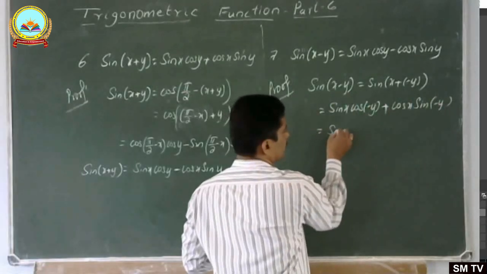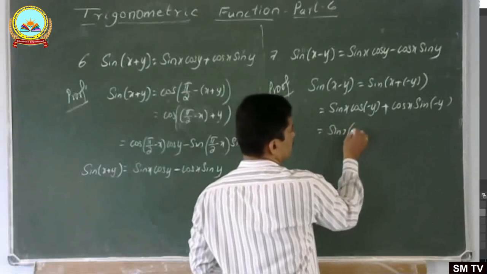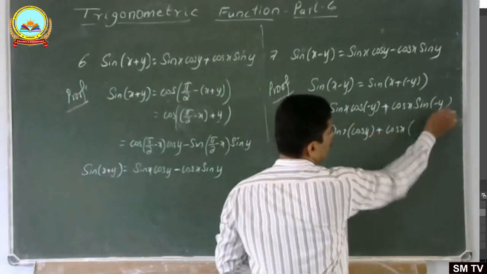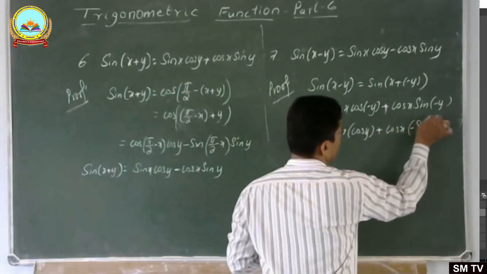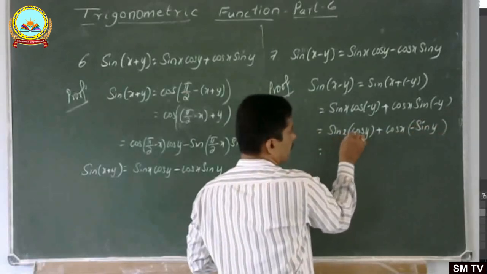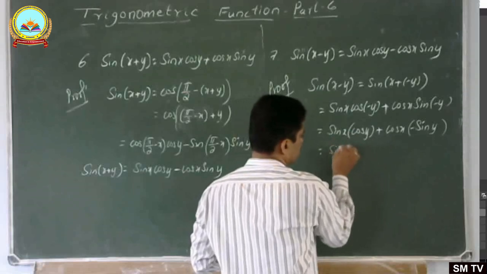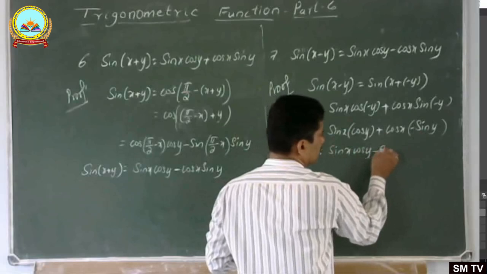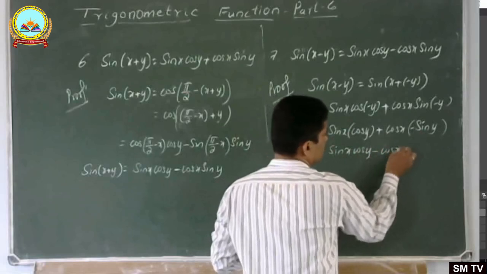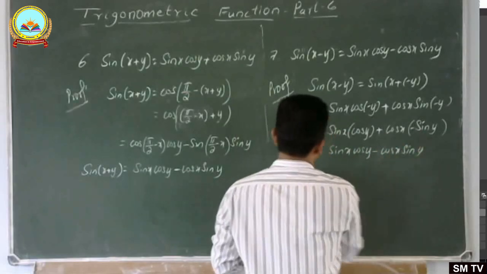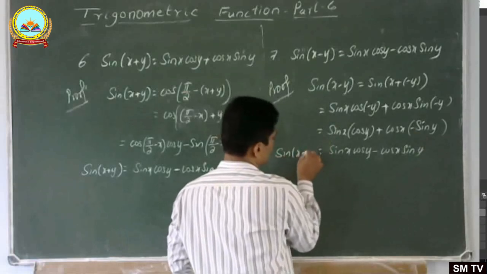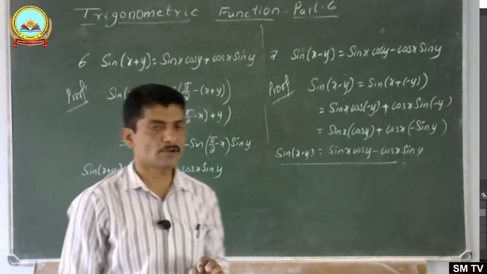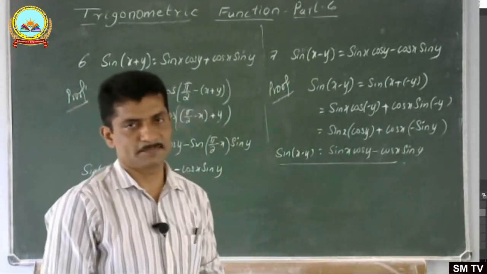Cos of minus y means cos y, and sin of minus y means minus sin y. So sin x into cos y, plus into minus gives minus, cos x into sin y. Therefore, sin of x minus y is equal to sin x into cos y minus cos x into sin y.